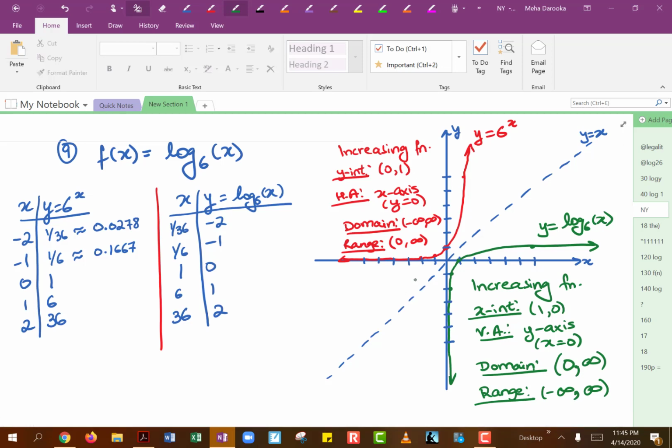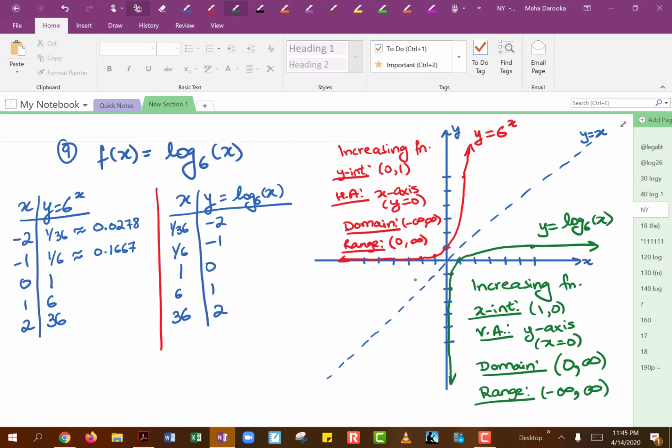So that's how you can tell they are reflections of each other. So this is the idea behind graphing logarithmic functions when you're doing these graphs by hand. You graph the exponential function first, and then reversing your x and y table, you then graph your logarithmic function.